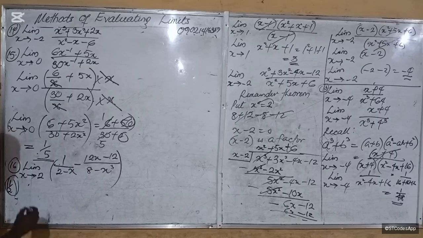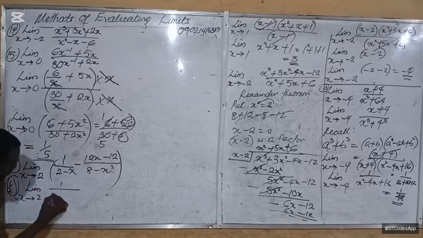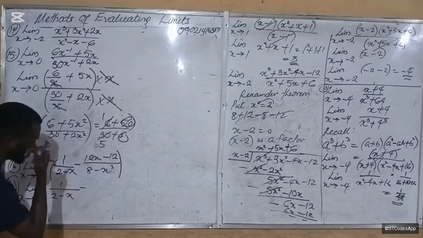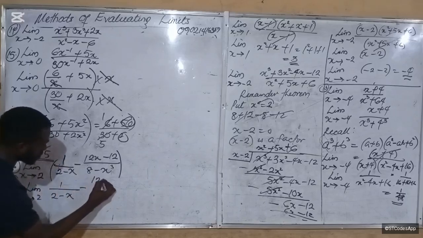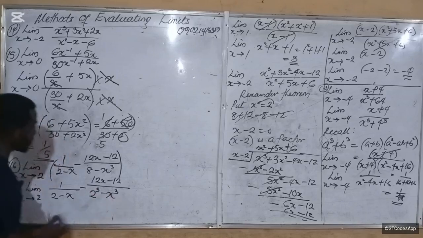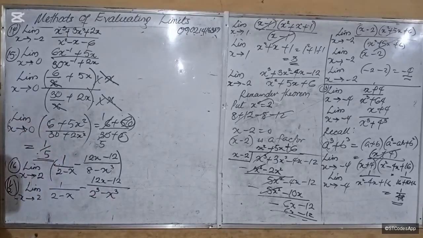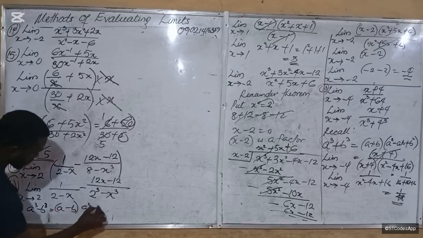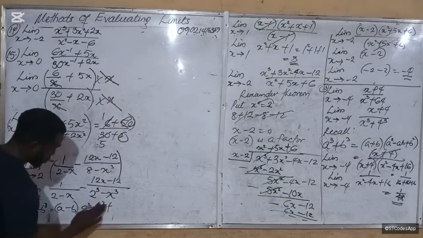Let's simplify it first. This will become the limit as x approaches 2 of 1 over 2 minus x minus 12x minus 12 over 2 raised to the power 3 minus x raised to the power 3. Remember that a raised to the power 3 minus b raised to the power 3 is equal to a minus b times a squared plus ab plus b squared.